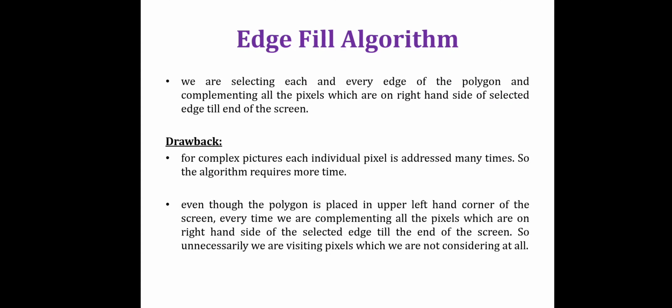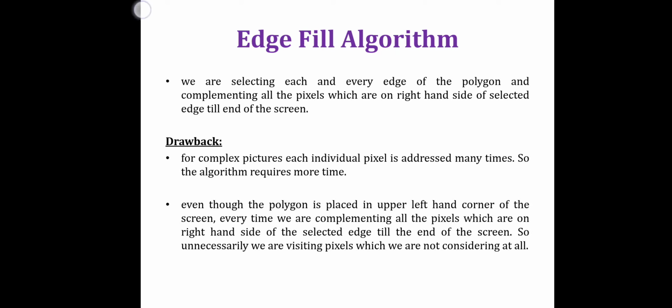The second drawback is that even though the polygon is placed in the upper left hand corner of the screen, every time we complement all the pixels on the right hand side of the selected edge till the end of the screen, we are unnecessarily visiting pixels which are not considerable at all, right.